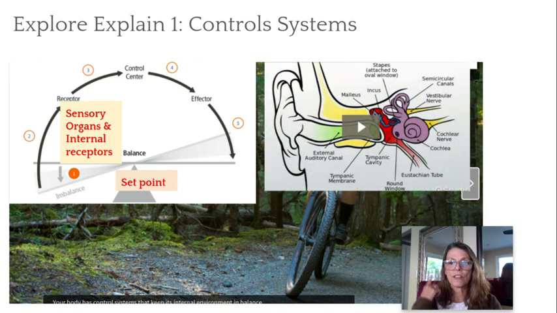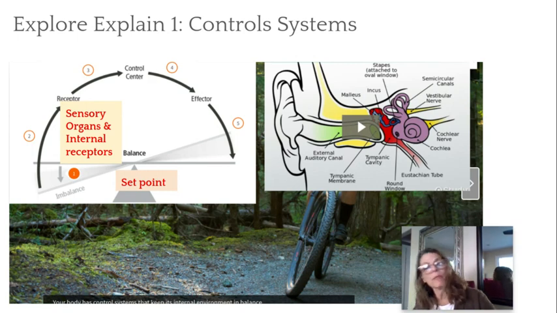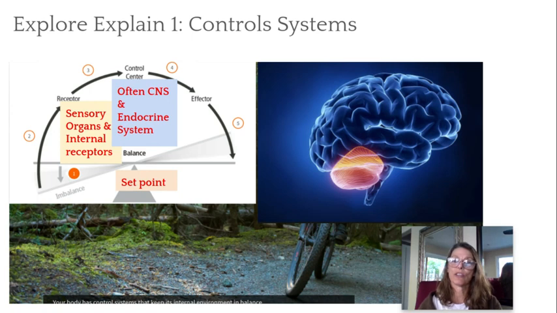In this case, you have a little part inside of your ear called your inner ear. These three little rings can perceive motion and acceleration. So if you're tipping over, that's the part of your body that would perceive your sense of balance. That information then would have to be relayed or conveyed to a control center.